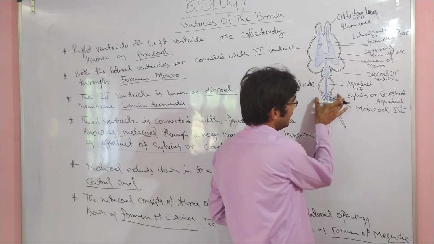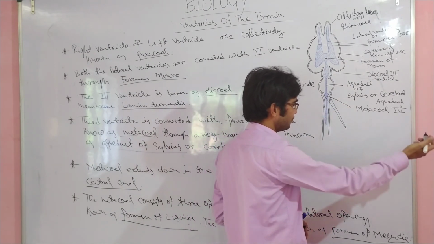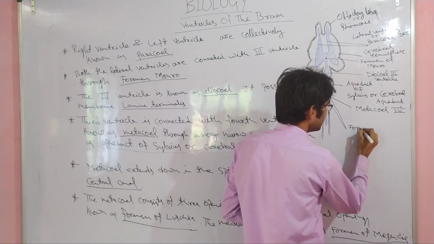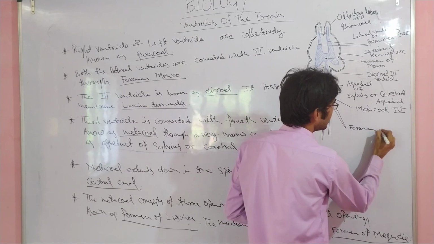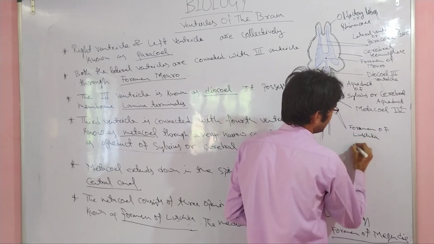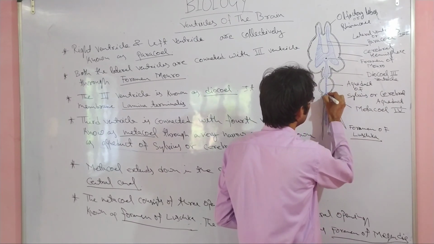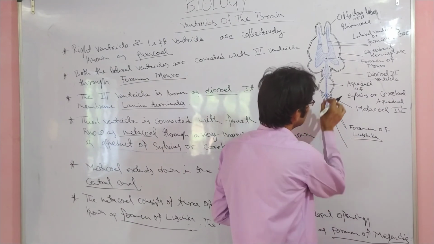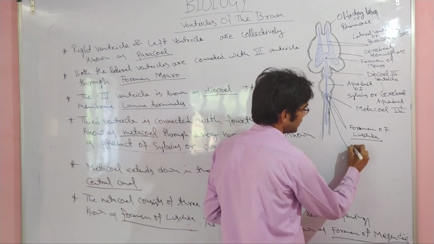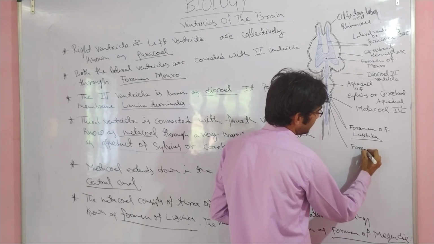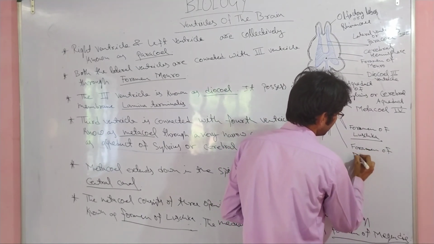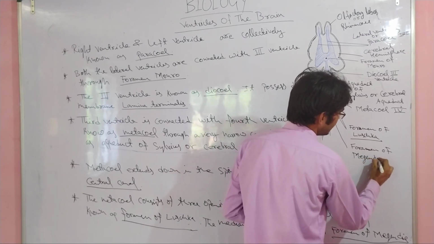These lateral openings are known as foramen of Luschka, and a small median opening is known as foramen of Magendie.